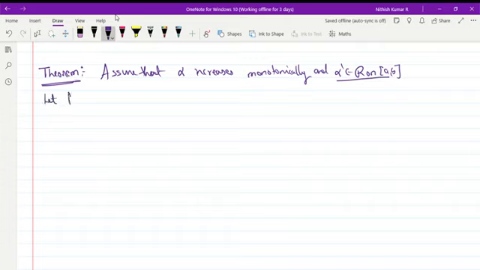Let f be a bounded real valued function on closed interval a comma b.